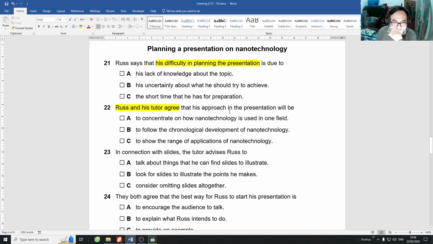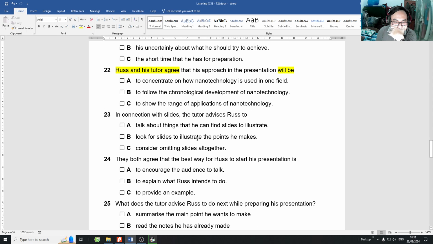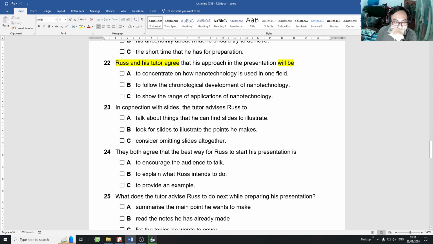You will hear a student called Russ consulting his tutor about a presentation he is preparing on nanotechnology, the study of materials on an extremely small scale. First, you have some time to look at questions 21 to 25.